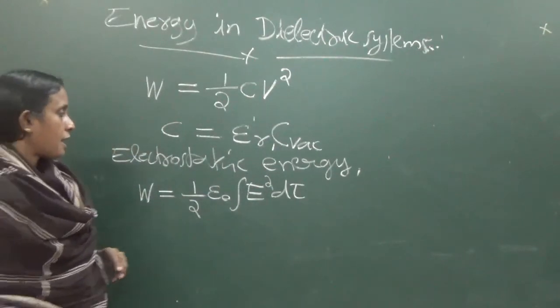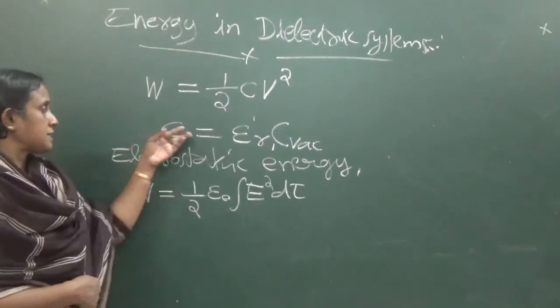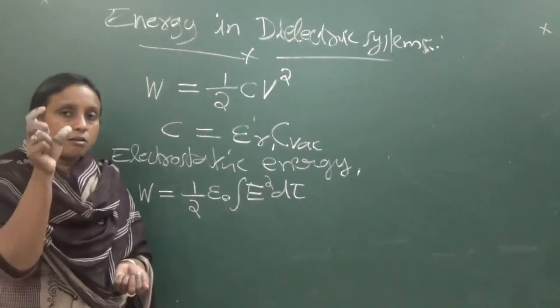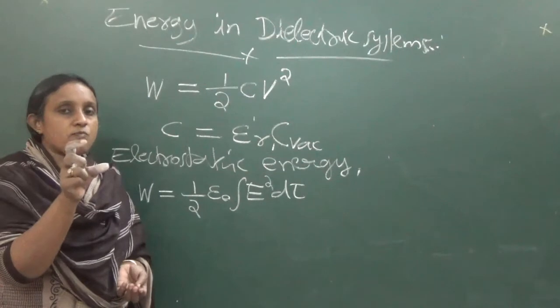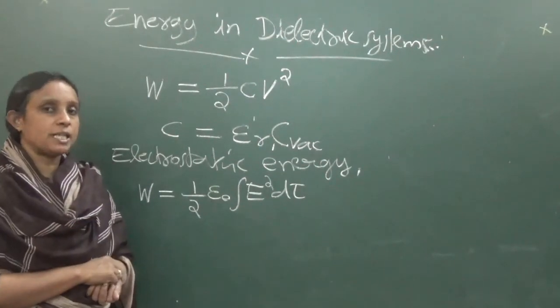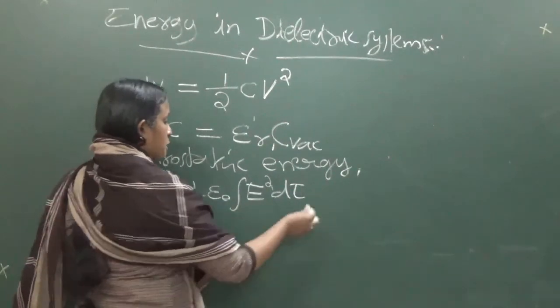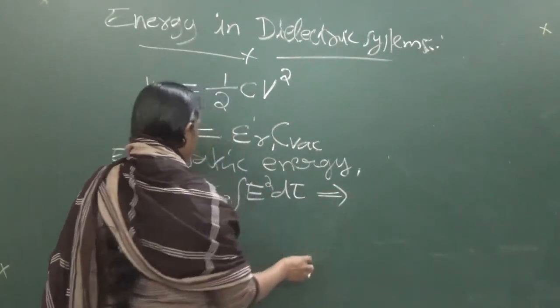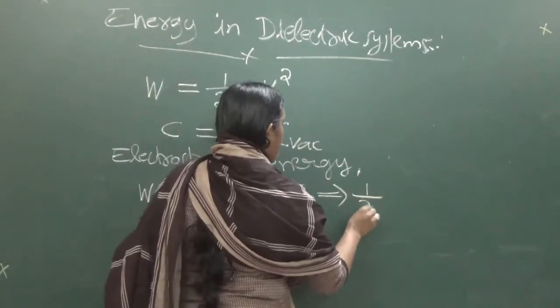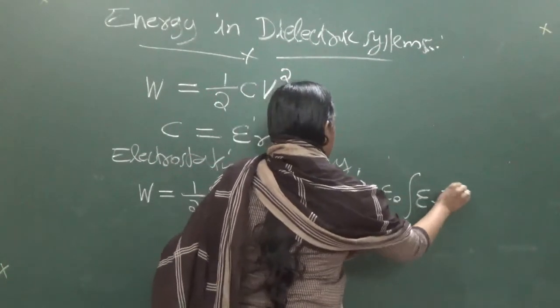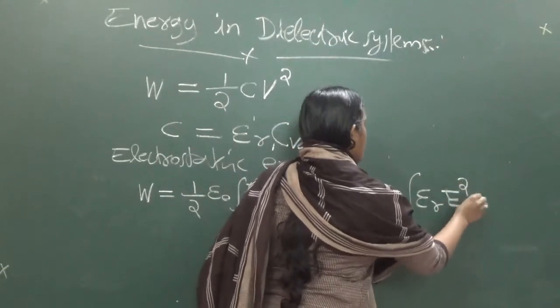In the case of a medium with dielectric constant epsilon r, this must be replaced with half epsilon 0 integral epsilon r E square d tau.